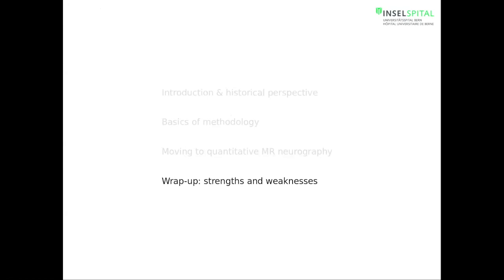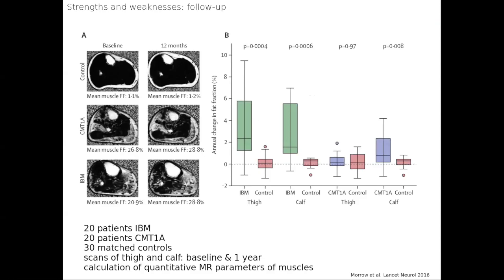So coming to the last part of the presentation, I want to show a couple of strengths and weaknesses of the technique. What might be quite interesting is, as shown by Morrow et al. in 2016, not only looking at quantitative aspects of the peripheral nerve, but also at the quantitative parameters of the muscle in neurogenic diseases.